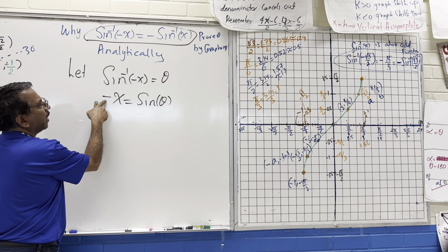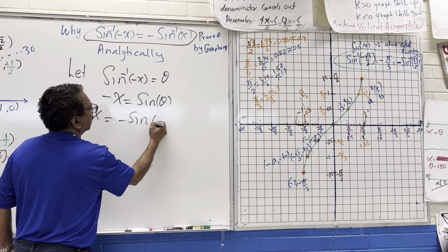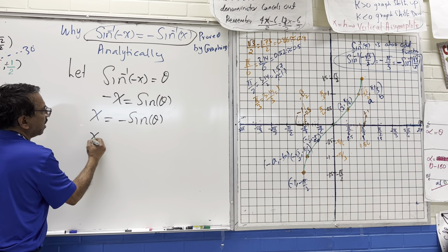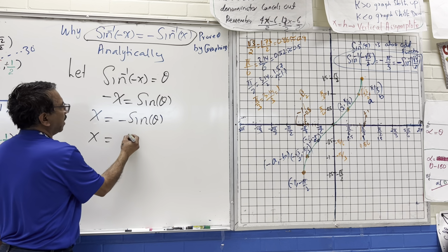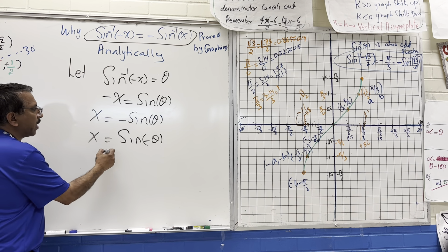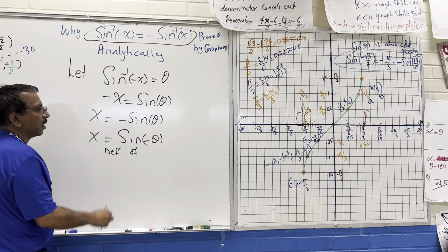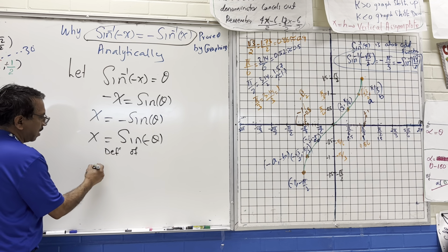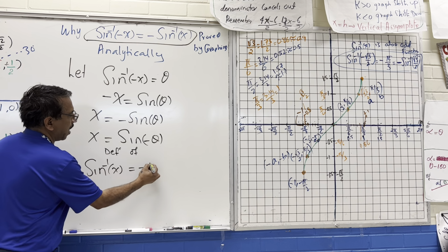So you multiply -1 and -1, and x is minus sine of theta. And remember, from the trigonometric identity, minus sine theta is the same as sine of minus theta. Now you use the definition of inverse function. If sine of minus theta is x, we can write this back as sine inverse of x equals minus theta.